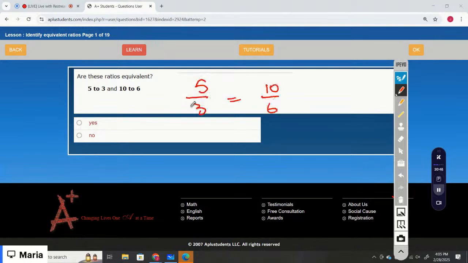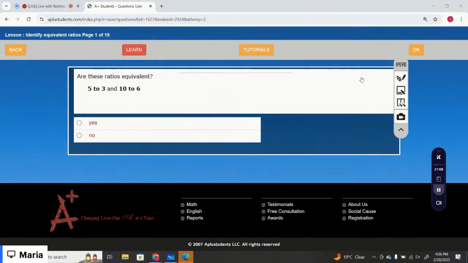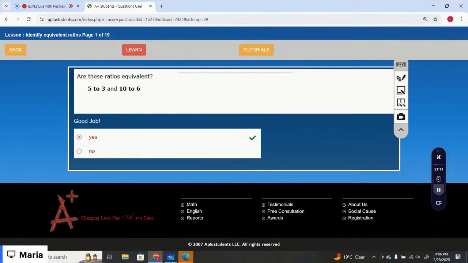Now just cross multiply: 5 times 6 equals 10 times 3. 5 times 6 is 30 and 10 times 3 is 30. So see, both sides are exactly equal. That means yes, the ratios are equivalent. Option number 1 is the correct option. Yes, they are equivalent.